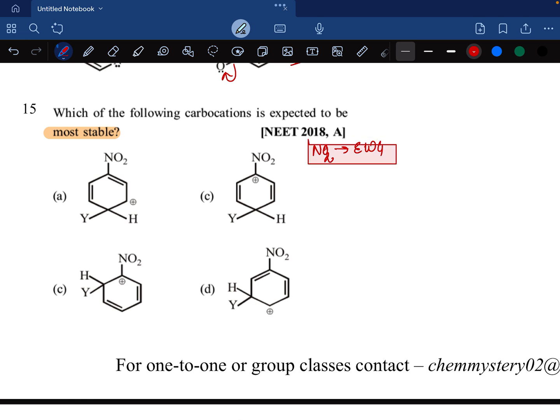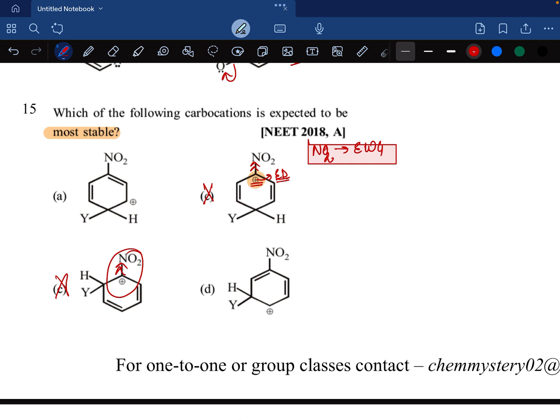As it withdraws electron density, and the carbocation is already electron deficient, it destabilizes the carbocation present very close to it. So this one is highly unstable. Again, this is also highly unstable because it is withdrawing electron density from the carbocation center, very close.